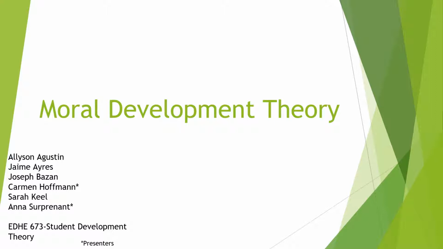Next, we will talk about Rest's theories and how he responded to Kohlberg's theory with his neo-Kohlbergian approach, which looks at moral development on the macro level versus Kohlberg's micro perspective. And then finally, we will look at Gilligan's theory, which includes women and focuses on self-care and moral decision-making.